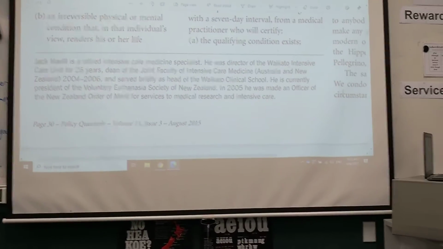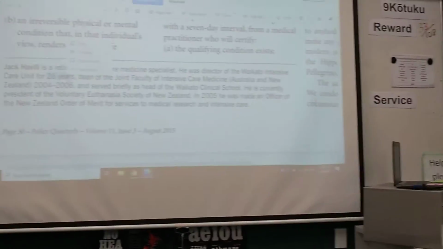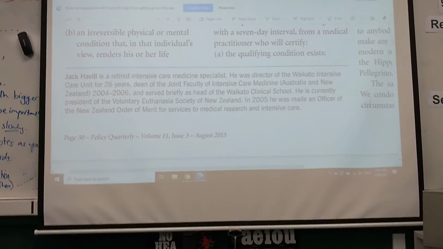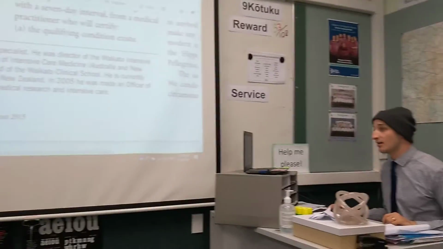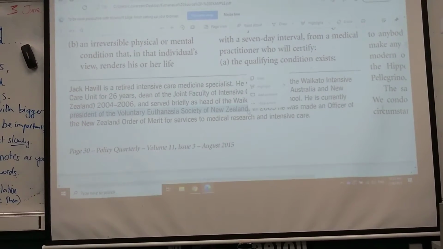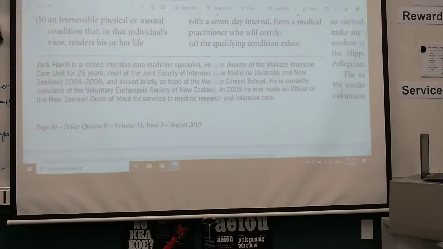He was a director of the Waikato Intensive Care Unit for 26 years. Is that a lot of experience? Oh. Yep. And he was the dean of the, and so on. Okay? He's also currently the president of the Voluntary Euthanasia Society of New Zealand. So is he pro-euthanasia? Yeah. Yep, he is. He's 100% pro.